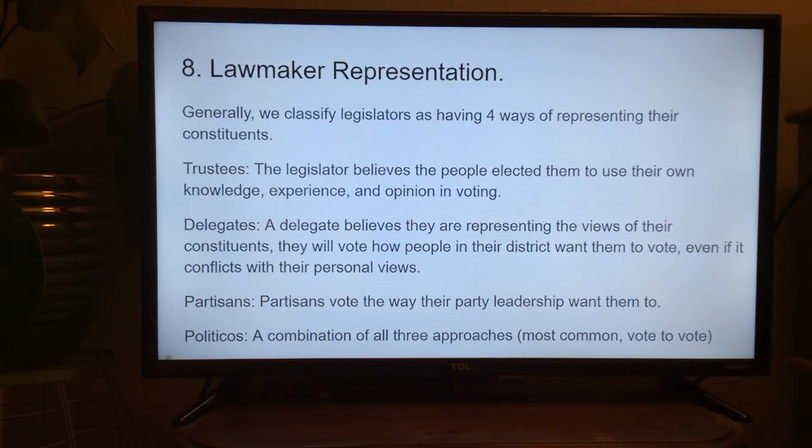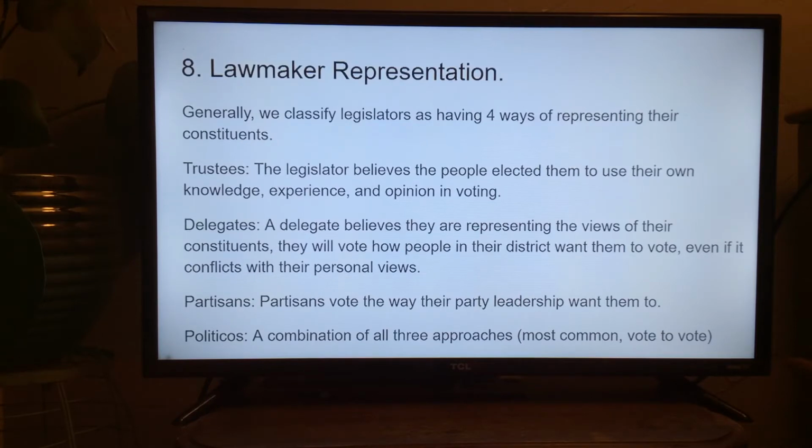And vice versa, if you run as a Republican, usually your views align better with those of other Republicans. And so it's easier and convenient for you to vote as that party, because your party's side happens to be your own side too.